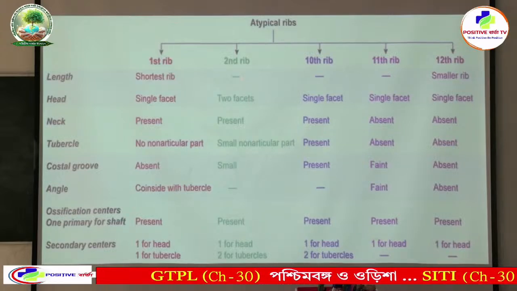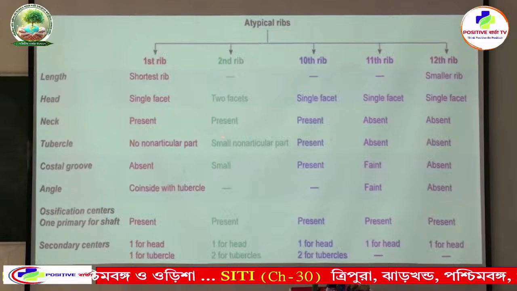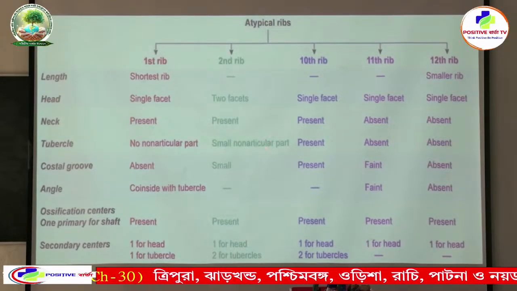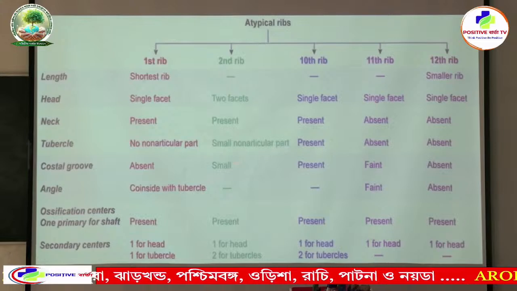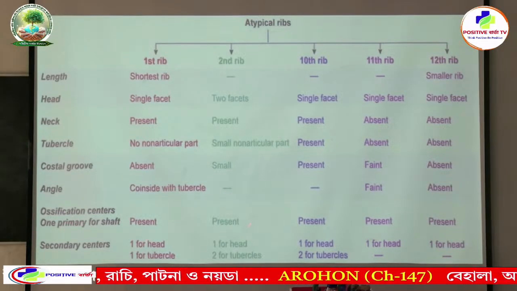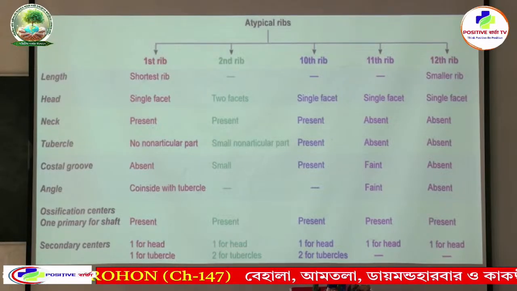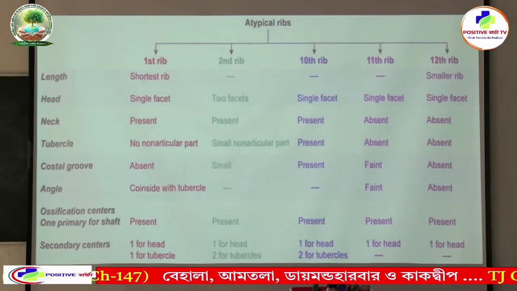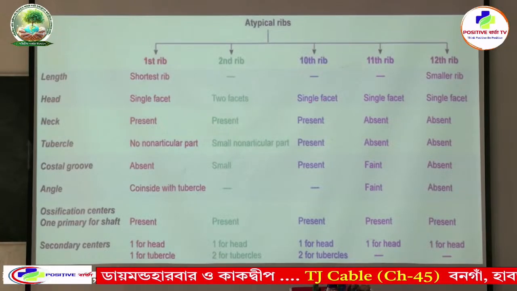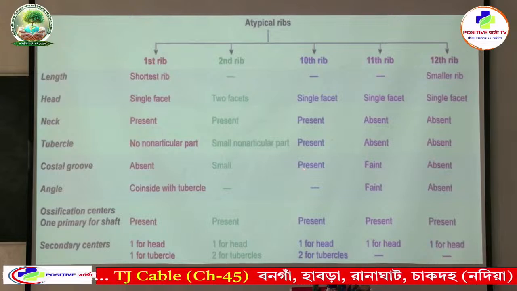For the second rib, the head contains two facets, neck is present, tubercle has a small non-articular part. Costal groove is small. Ossification centers: one primary center for the shaft, and secondary centers, one for the head, two for the tubercles. 10th rib: head contains a single facet, neck is present, tubercle present, costal groove is present.